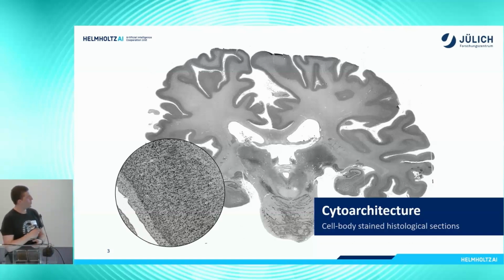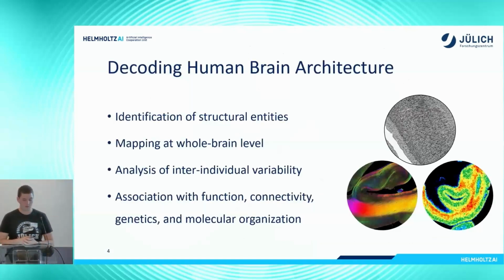So what we wanted to approach with this method is characterization or decoding of human brain architecture, here specifically cytoarchitecture, which means that I want to identify in general structural entities, which could mean brain areas, lamina, columns, and other structures that you could think of. So a very, very general task.